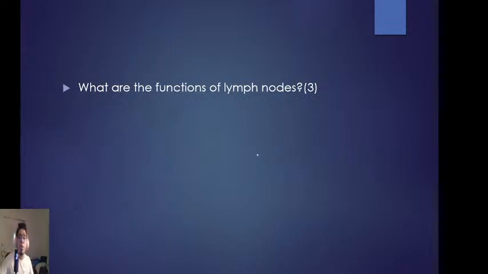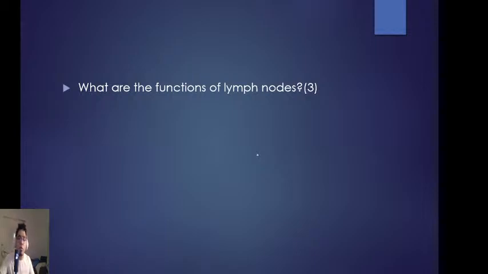The main function of the lymph nodes, again, inuulit ko, it might sound like I'm repeating review questions from your anatomy and physiology, but without these basic concepts, you will not be able to grasp them fully when we explain it to you.